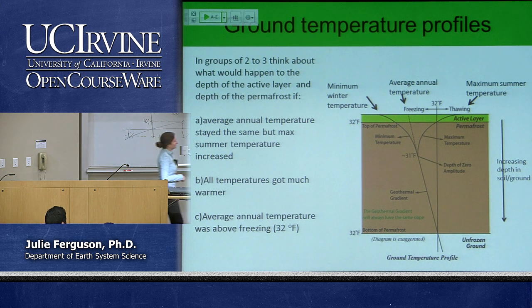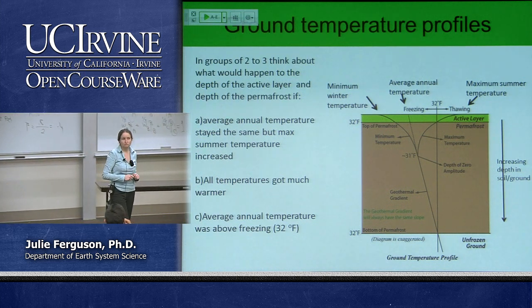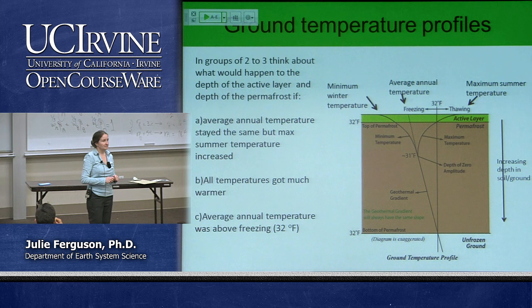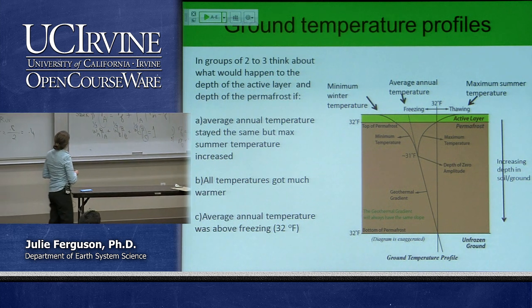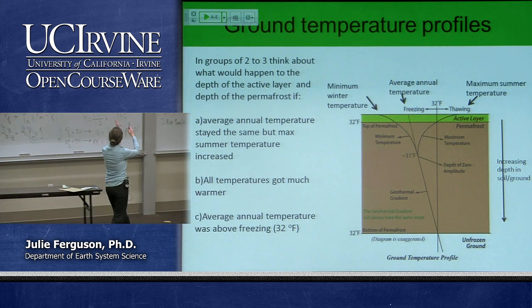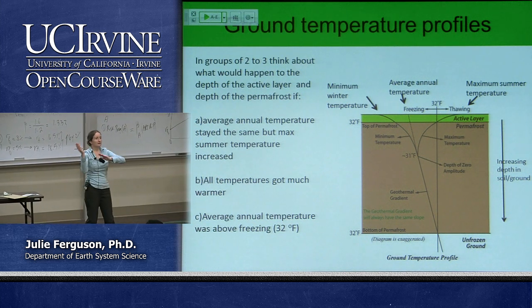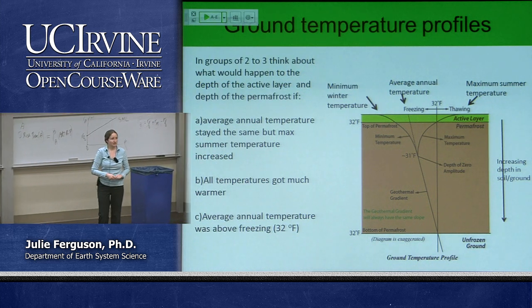Are we doing anything to the base of our permafrost if we're just changing our summer temperatures? No, right? Those other lines are staying in the same place. So now let's think about part B. What happens if we just shifted that whole trumpet shape a couple of degrees further over? What are we now doing?